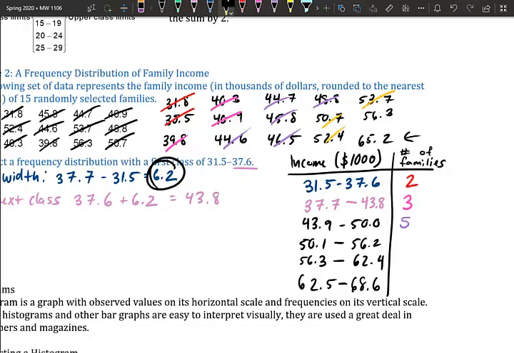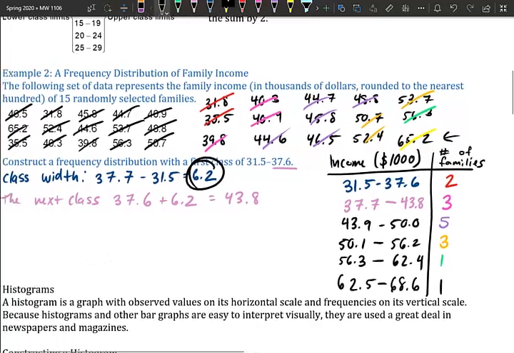That's 3 of them. Next, we have our next class of 56.3 to 62.4, which is only 1 of them. And then our last class is 62.5 to 68.6. Oh, my bad, just 1. That's a 1. Now we have our frequency distribution.